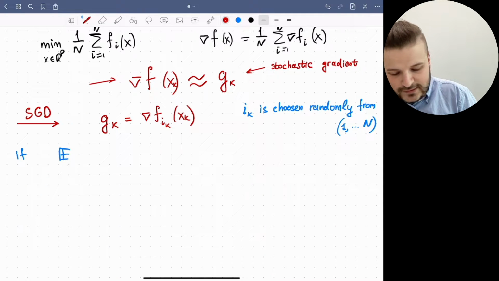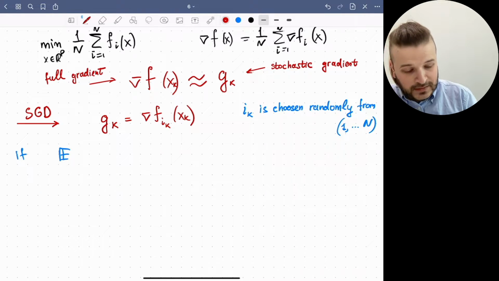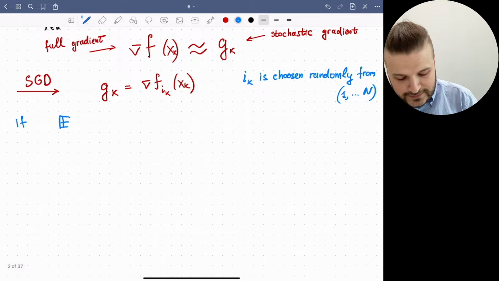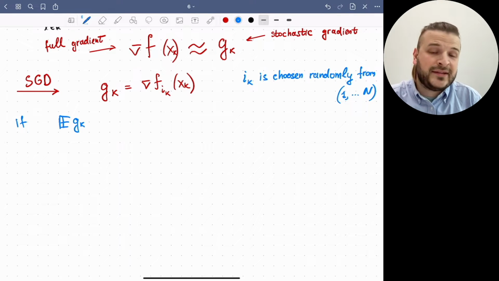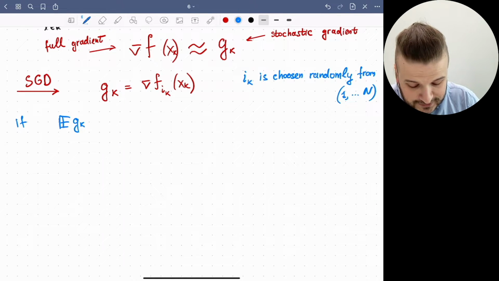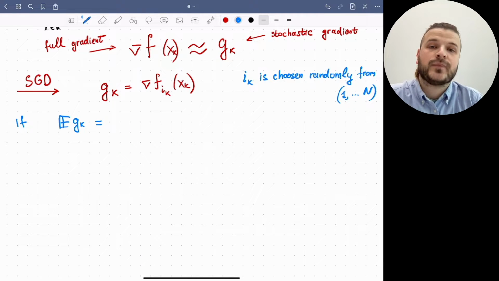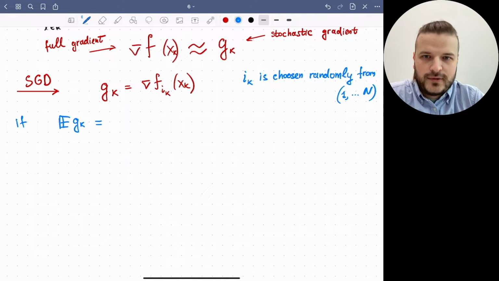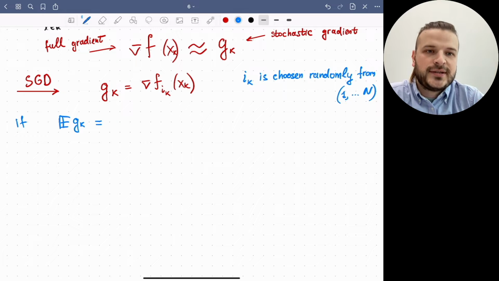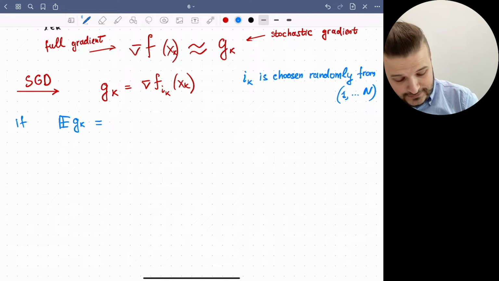And this is the full gradient, or just the gradient. But what's interesting again is that the mathematical expectation of the stochastic gradient is the following. We have n variants to select this index ik, and each index is chosen with the same probability 1 over n.